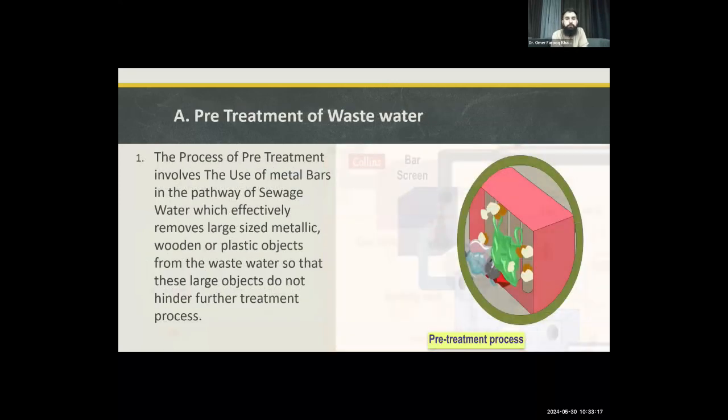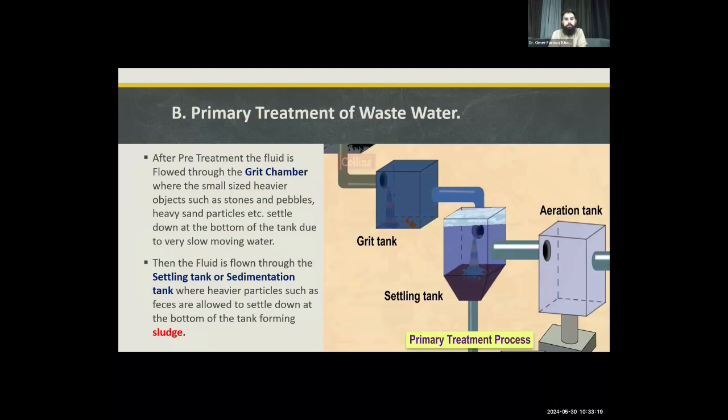So then the fluid is flown through the settling tank or sedimentation tank, where heavier particles such as feces are allowed to settle down at the bottom of the tank, forming sludge. So basically, the stones and the pebbles and everything heavier was caught at the bottom of the grit chamber, and now the fluid is flown through the settling or sedimentation tank, where further heavier particles are allowed to settle down at the bottom, forming sludge.